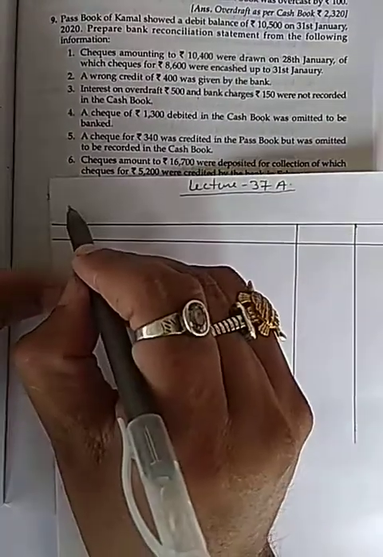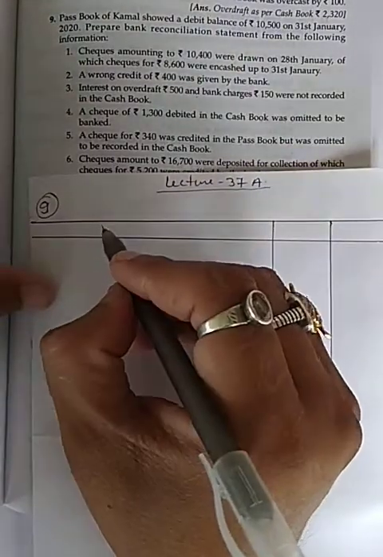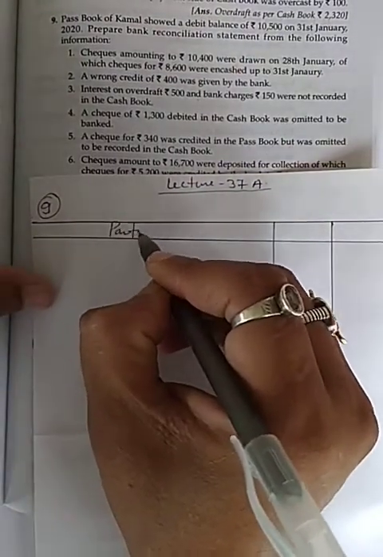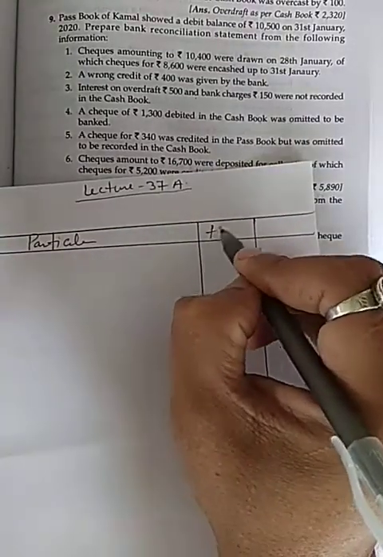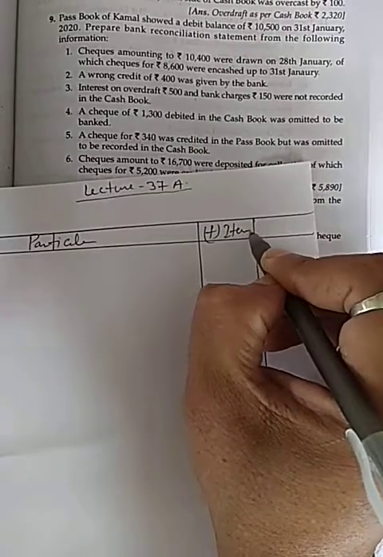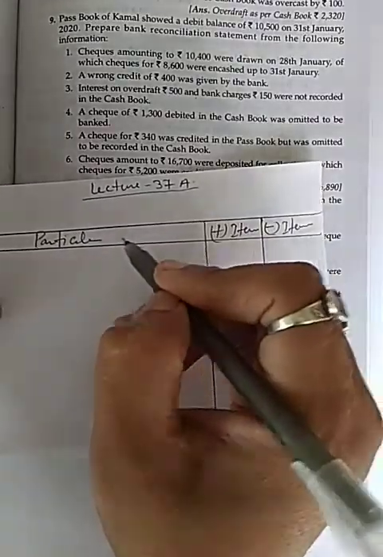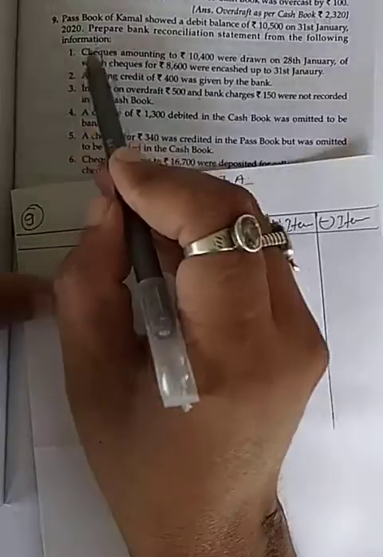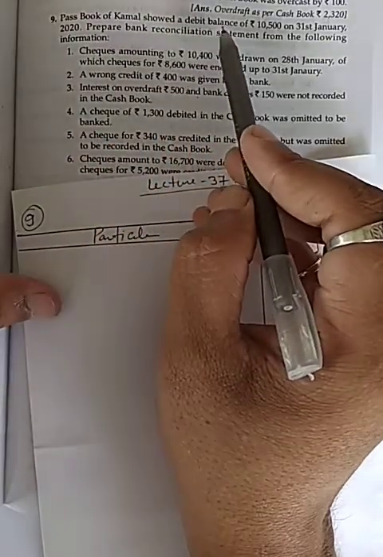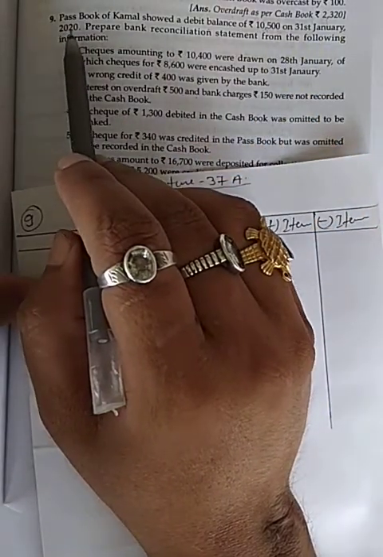This is your question number 9, and this is particulars, plus item, minus item. Now question is saying passbook of Kamal showed a debit balance of rupees 10,500 on 31st January 2020.